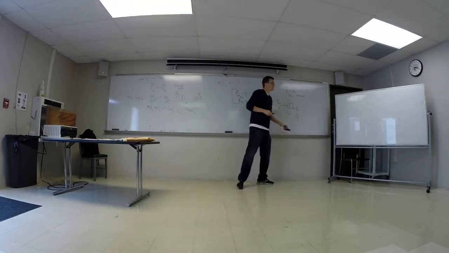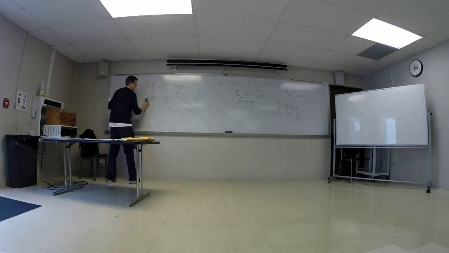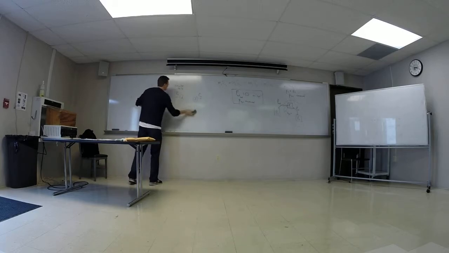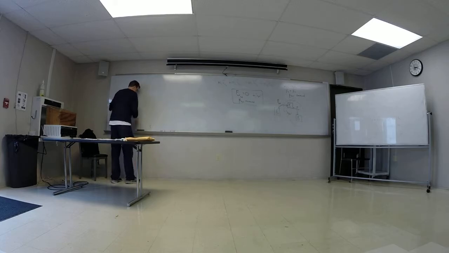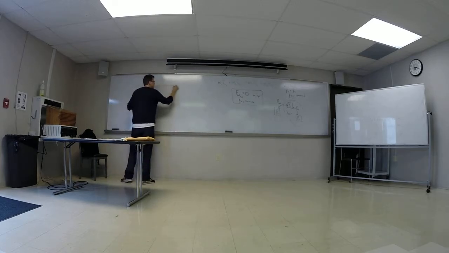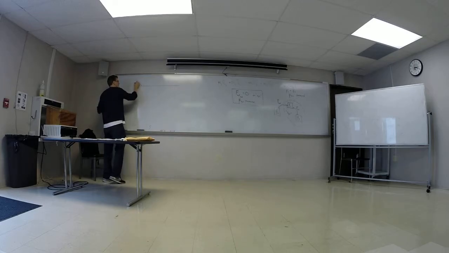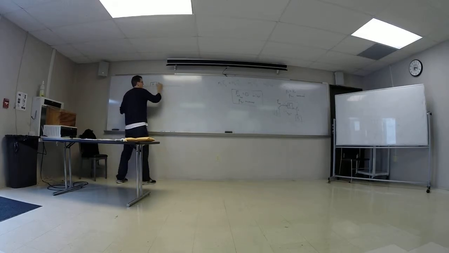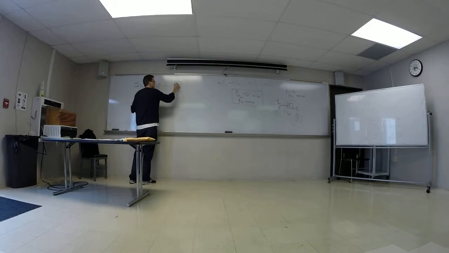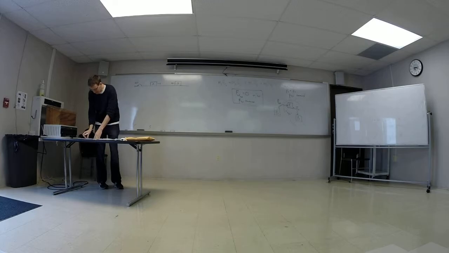So, let me give you an example of this. I'm going to have a table. It's going to be flat. It's going to be smooth. And I'm going to have two objects, A and B, heading towards each other. Let me give you some values.